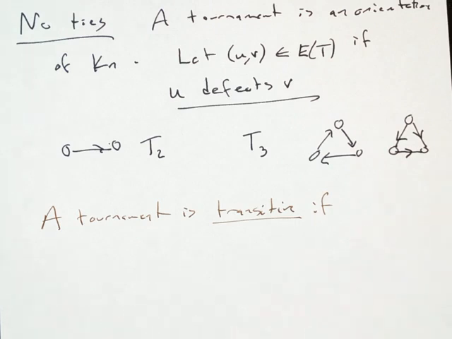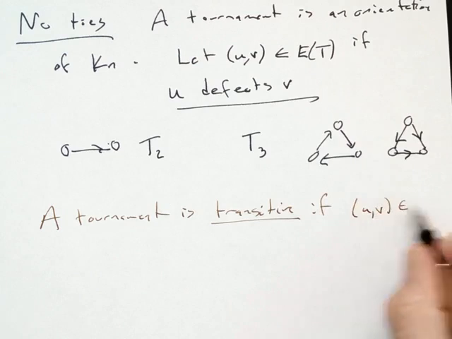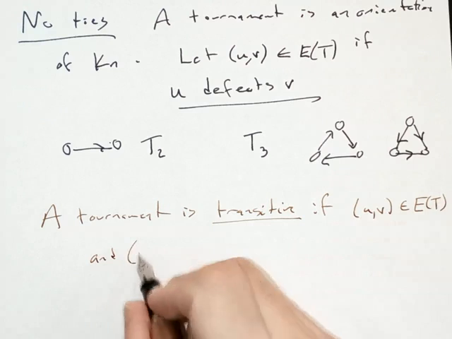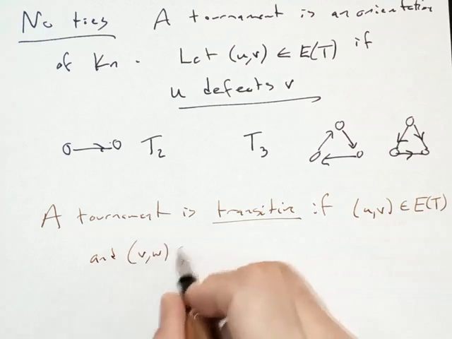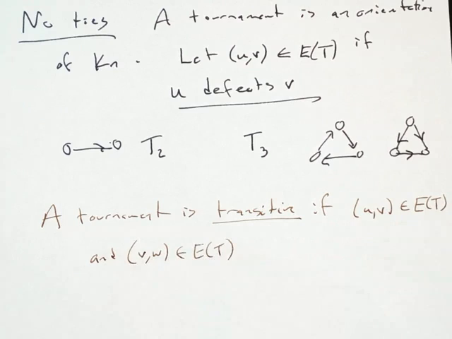In terms of edges on my graph, by the way, I apologize to all of you in advance. In this section, T is a tournament. In everything else we were doing, T was a tree, right? I ran out of letters again.